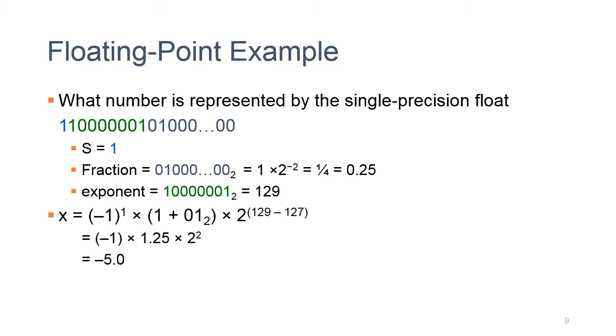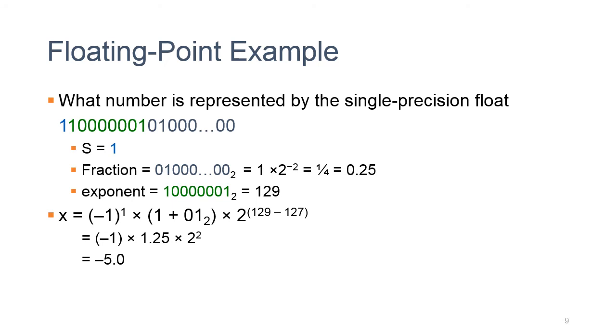Then we have the fraction bits. For single precision, the first 23 bits are used for the fraction, and we separate these fraction bits from the given number, and the remaining 8 bits represent the exponent, and we also separate them from the given number. So our fraction becomes 0 0 0 0 0 0 0 0 1 0.